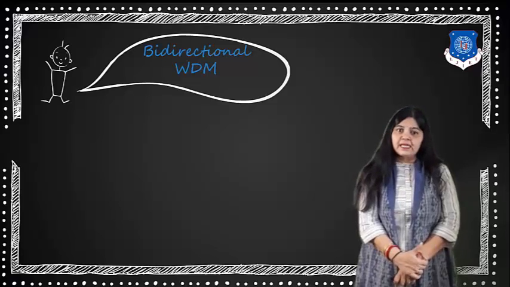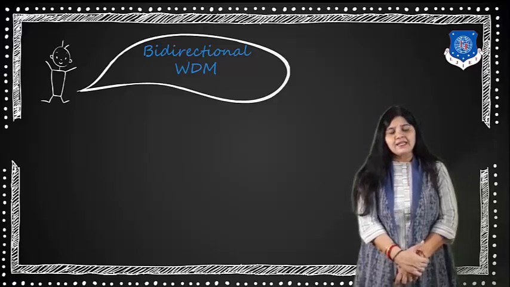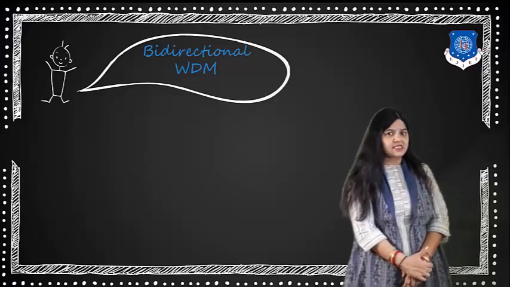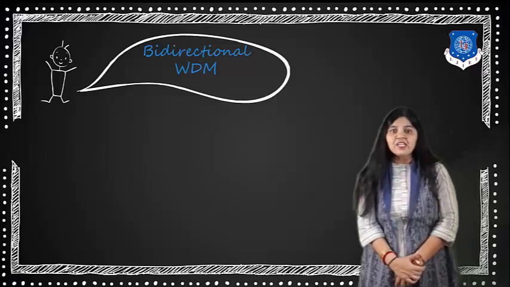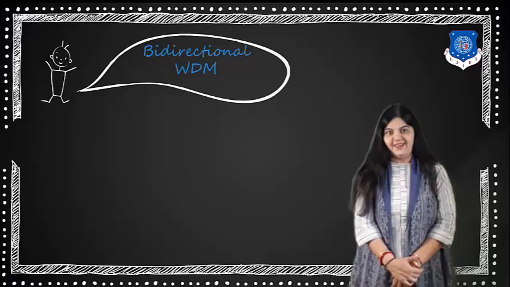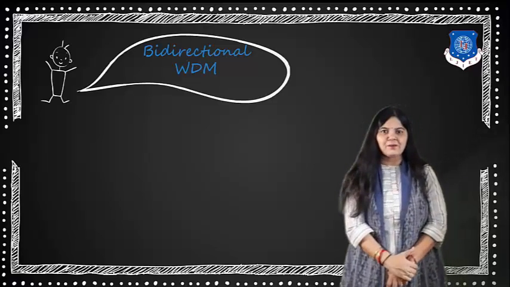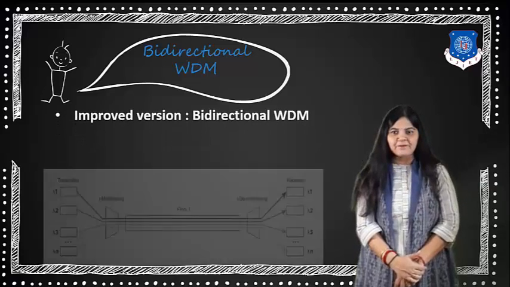Similarly, the other end can be used as the receiver. So in the bidirectional WDM, the concept is: can we transmit or receive data from both ends? Yes. So the solution is the bidirectional WDM.